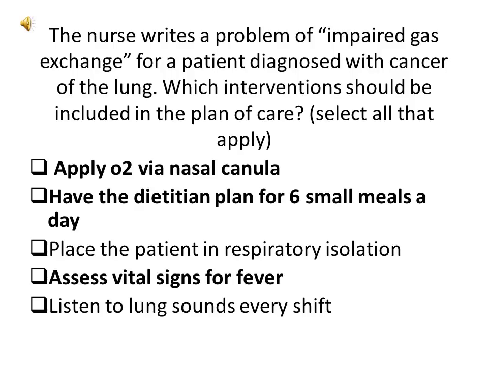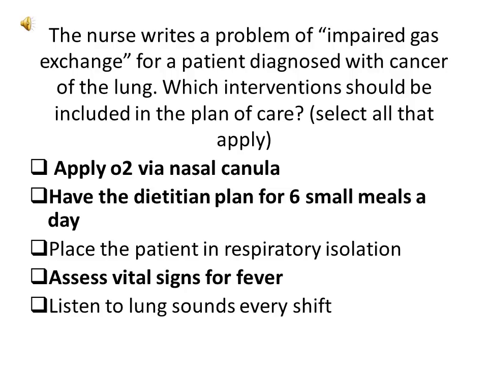So the correct answers are number 1, apply O2 via nasal cannula. You want to place that patient on O2 to maintain their O2 saturation. You're going to have the patient see a dietitian, plan for 6 small meals a day. Patients with oxygenation issues often become fatigued during meals, so planning small ones is a really good idea.